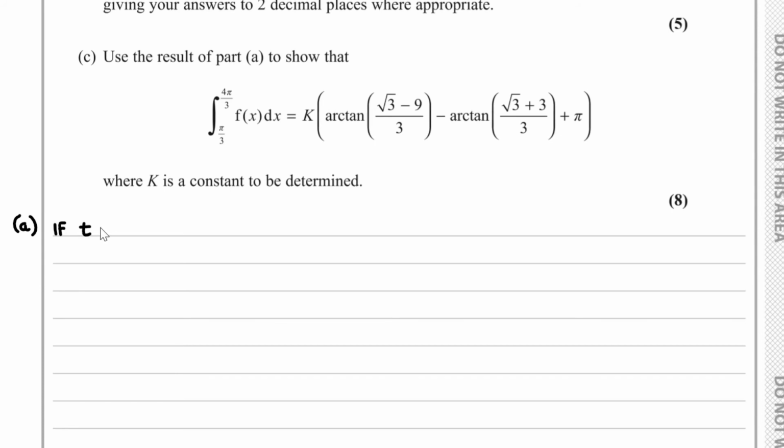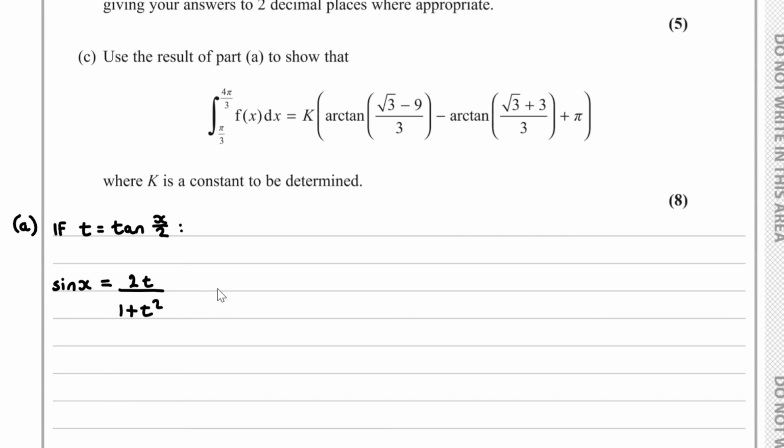if t is equal to tan(x/2), then sin x is equal to 2t over 1 + t².